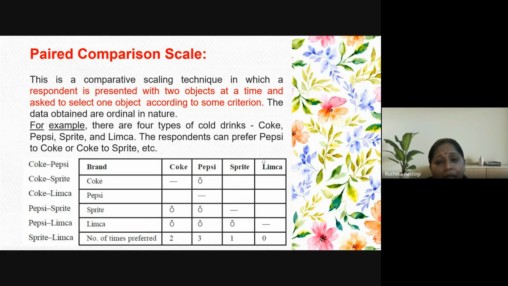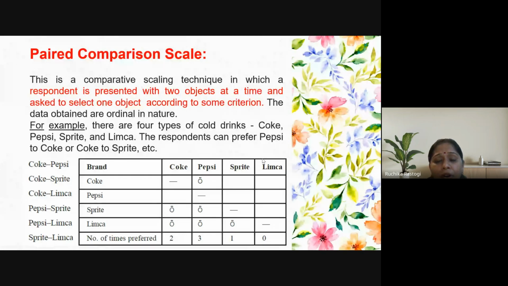Now, if you see this example, if you see the slide, there are four types of cold drinks mentioned: Coke, Pepsi, Sprite, and Limca. And for example, you go with your brother or your sister to a shop, and there are four kinds of cold drinks there. Now you ask your brother that you can choose, you can prefer one over the other. And I am just giving you two choices.